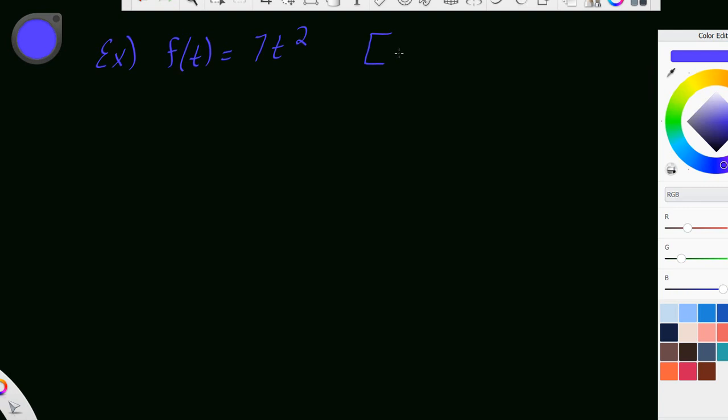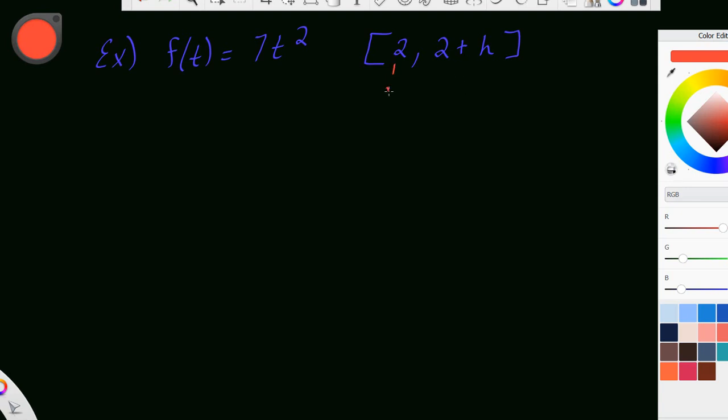And let's look at that on the interval from 2 to 2 plus h. So we're going to be some distance h away from 2.